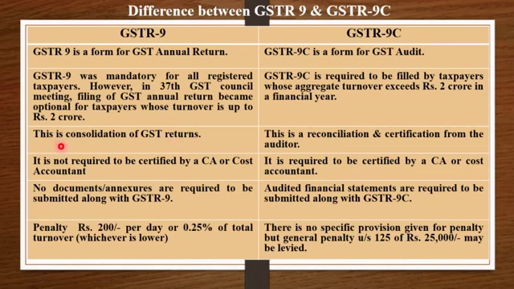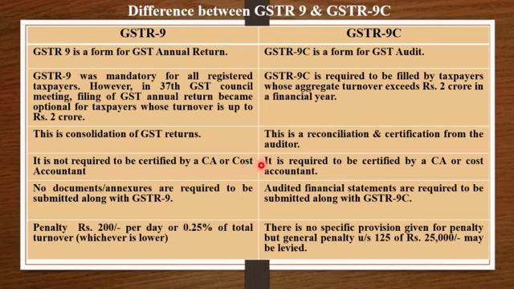Then third difference is GSTR 9 is consolidation of GST returns and GSTR 9C is a reconciliation and certification from the auditor. Fourth difference is GSTR 9 is not required to be certified by a CA or cost accountant.